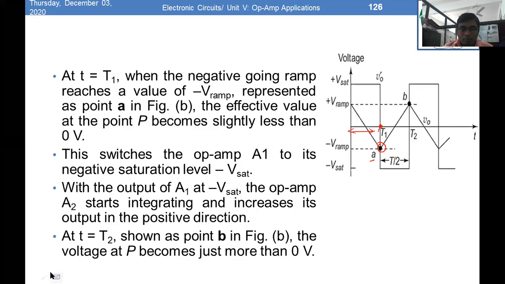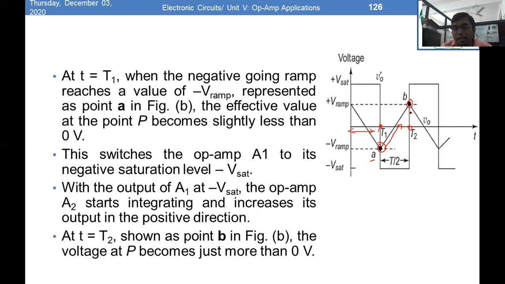So the ramp signal is rising towards the positive direction. At time t equal to T2, it rises and reaches the point B, and the voltage at the point P becomes just more than 0 volt.